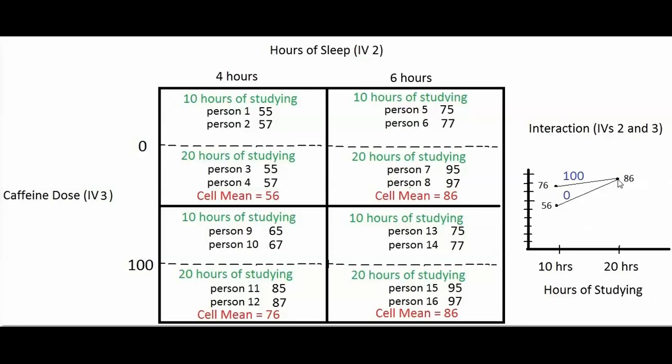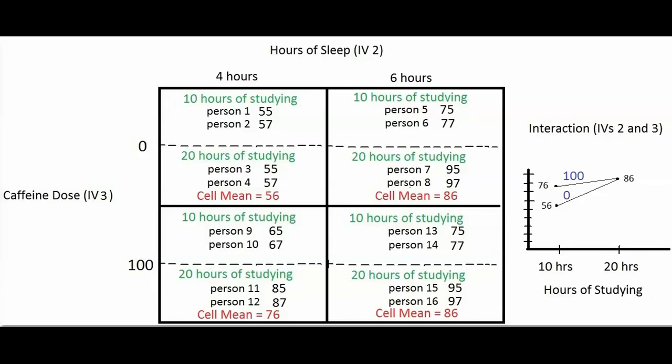They're both 86. In this graph, it actually looks like the only group that's doing poorly is these 4 people who had both no caffeine and 4 hours of sleep, which makes sense.